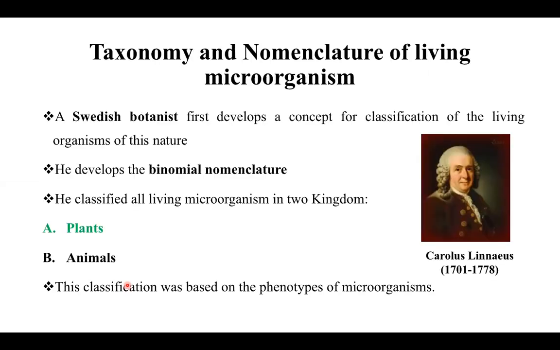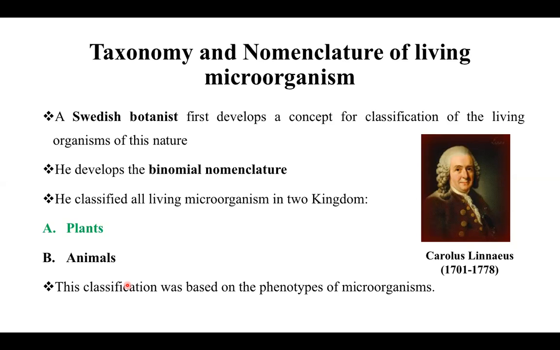First, we'll focus on the classification, the taxonomy and nomenclature of living organisms. In the early stage of development of microbiology, all the living organisms on this planet were broadly categorized into two categories. A scientist known as Carolus Linnaeus proposed the two kingdom system, binomial nomenclature, based on the appearance of living organisms.